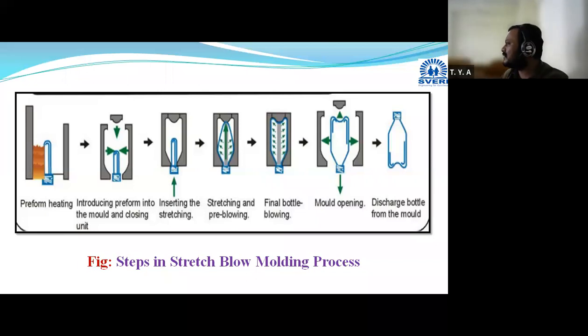Initially, the Parison is prepared by an extrusion molding operation. And here, whichever Parison is there, we are performing some preheating and doing the stretching. Initial small stretching of that Parison is done, and then we go for the full blowing. So in this way, these are the three types of blow molding process: injection blow molding, extrusion blow molding, and stretch blow molding.